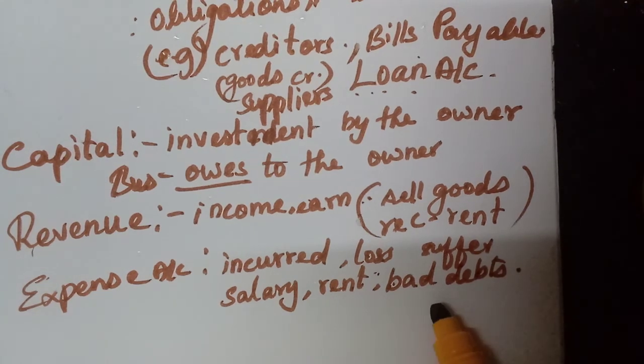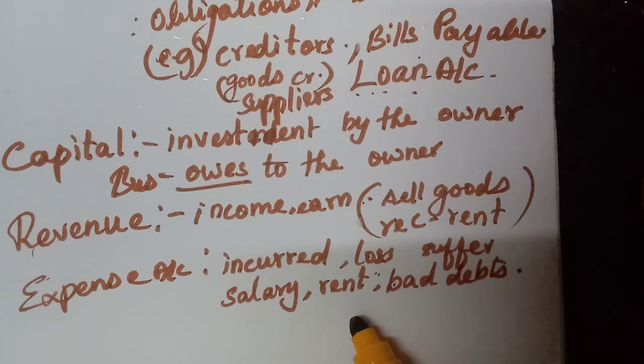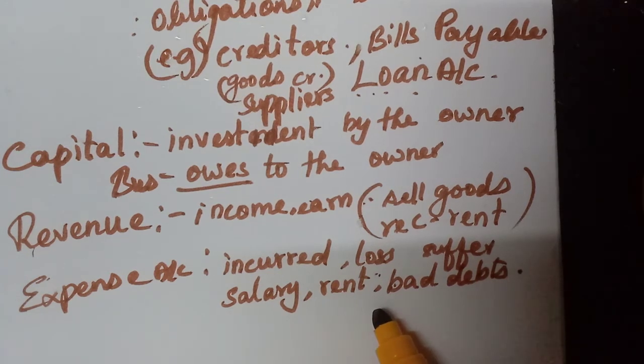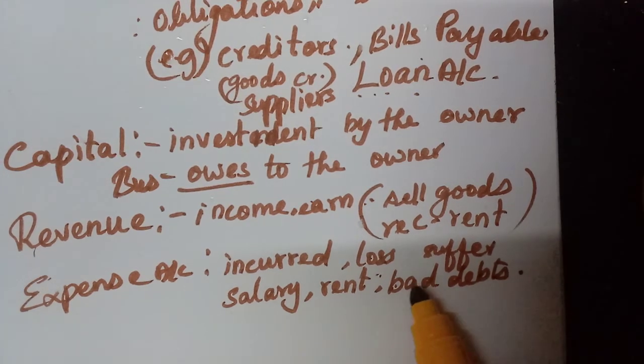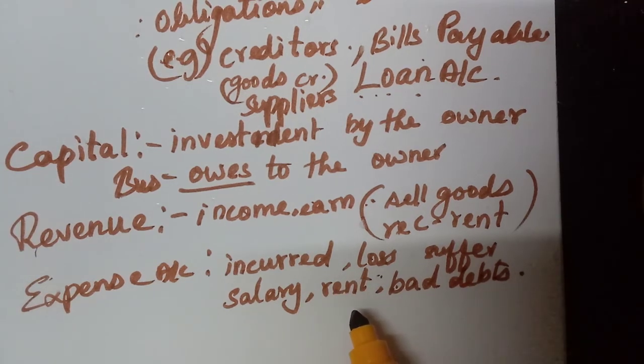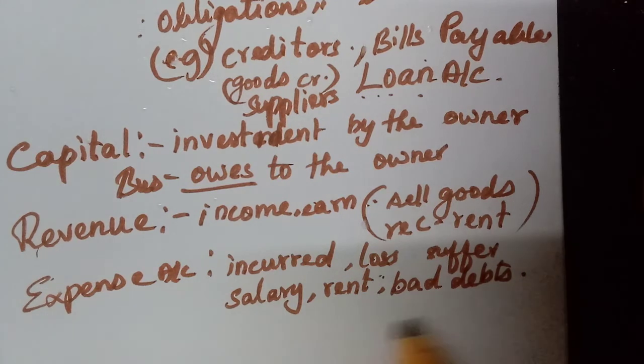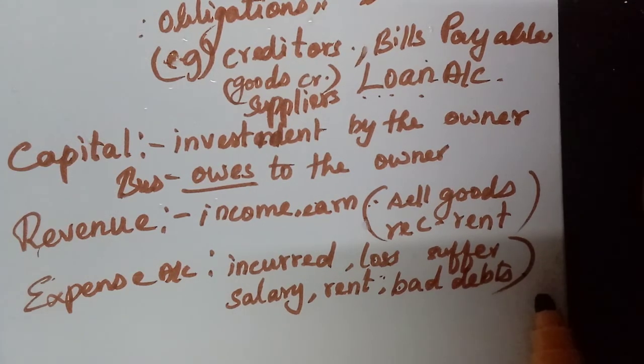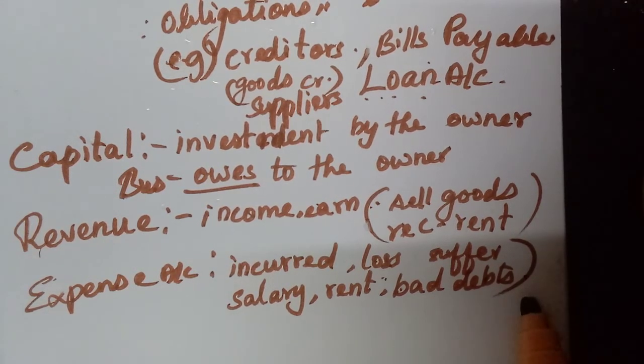Understand? So you have learned these 5 headings of accounts. You can learn these 5 headings, and it is one of the question answers also. Five accounts under this accounting equation approach. You learn everything, and you have to mark the question answers.